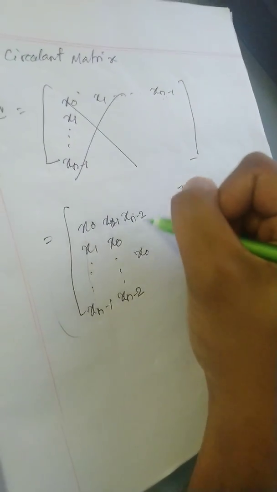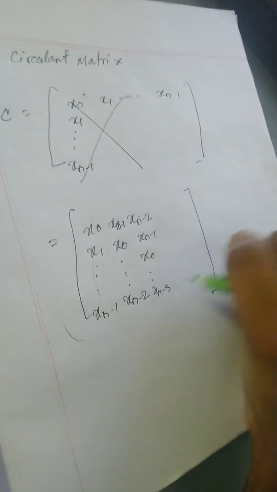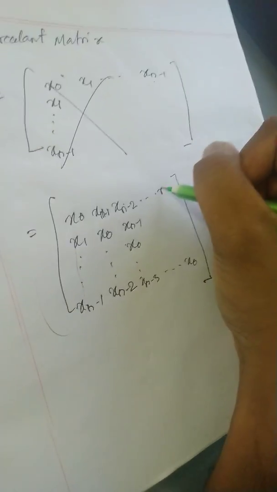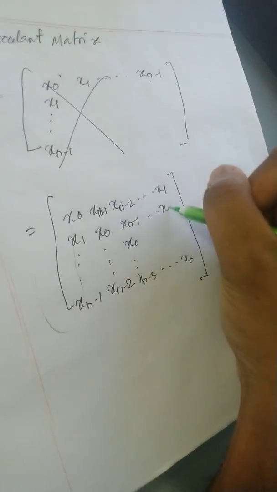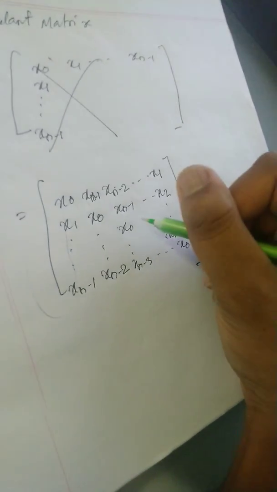Then the next column continues this way, all the way to x naught, x1, x2, dot dot dot, x n minus 1, and so on. So this is a circulant matrix.